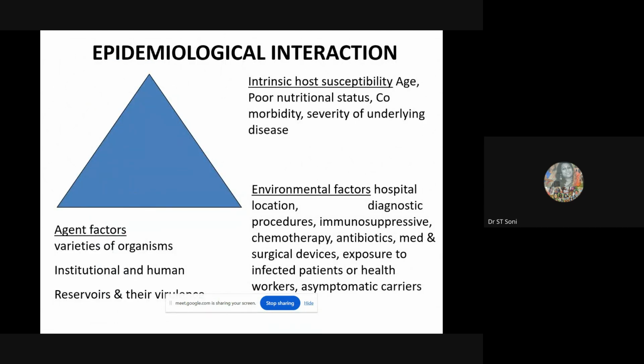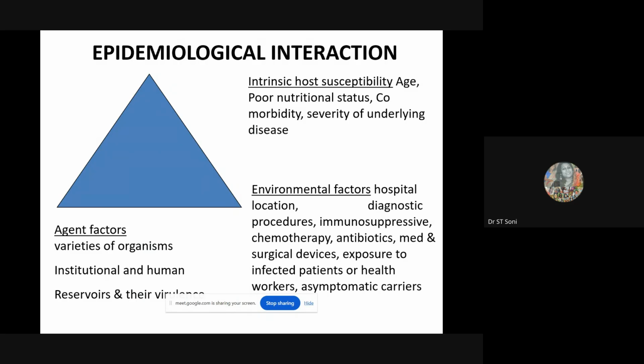Most important for a healthcare associated infection to occur is the interaction of the epidemiological triad. This triad has three angles.